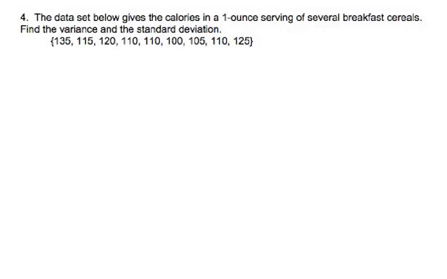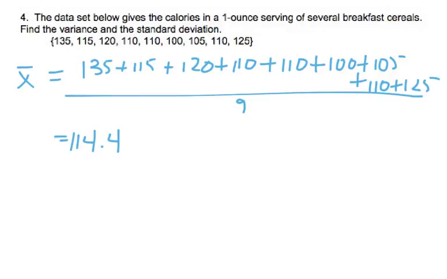Okay, the problem is we have a data set that gives the calories in a 1-ounce serving of breakfast cereal. Find the variance and standard deviation. I did the math with my calculator, added all the data together, divided by 9, and I get a mean of 114.4. Next I find the difference between each value and the mean and square it.